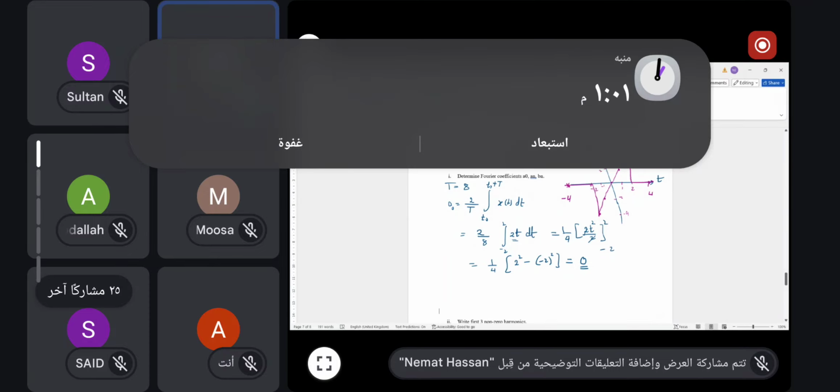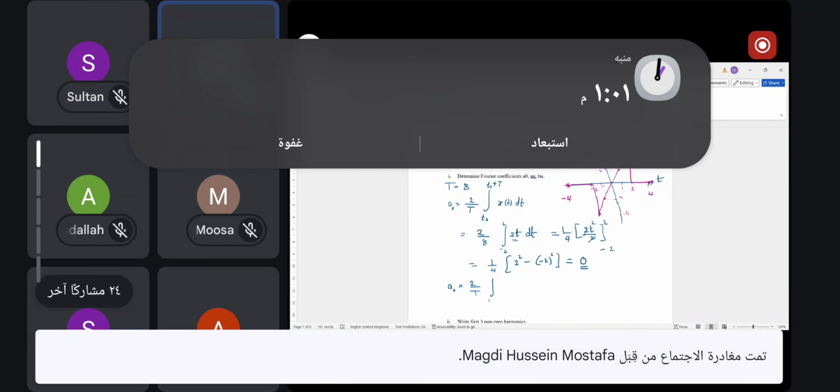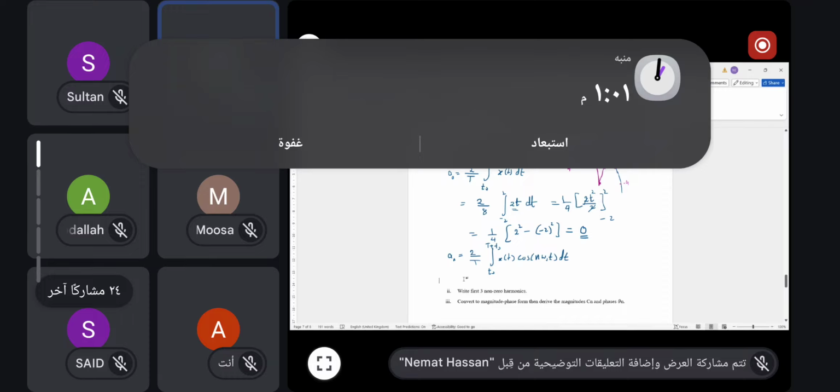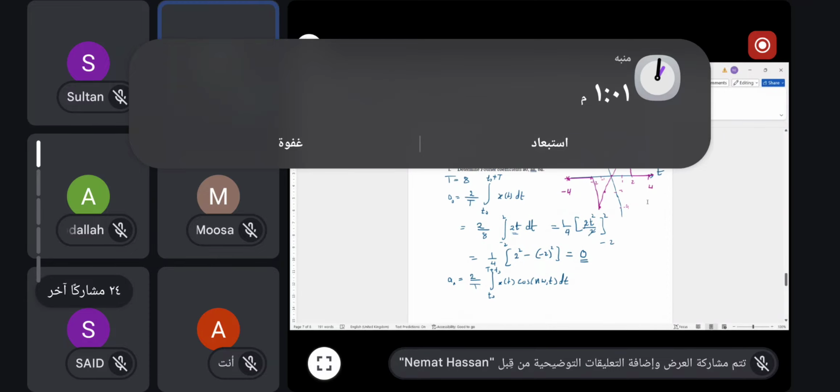Does that bring your attention to something? When we calculate a0, it was 0. Now, the other option is we can go for an, which is equal to 2 over T, the integral from t naught to t plus t naught, x of t cosine n omega naught t dt. This is the general formula. And it will be a lengthy calculation. But if you look at the function x of t, do you notice something about it?